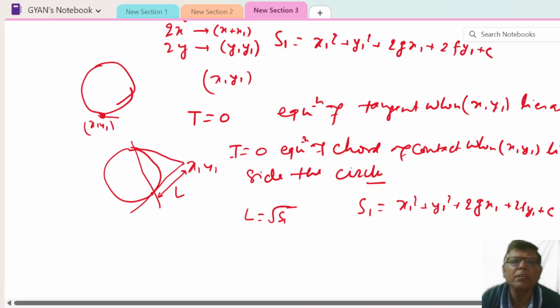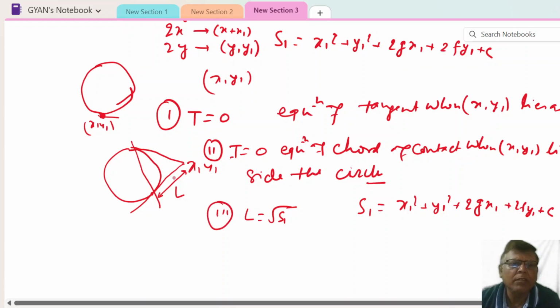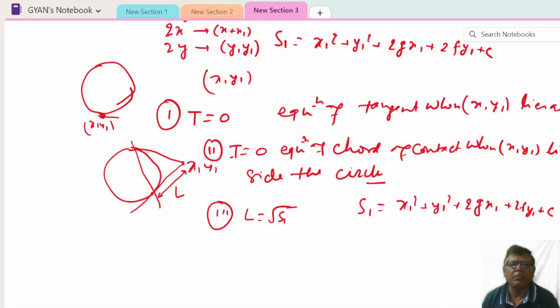So what have we learned? First, T equal to 0 is the tangent. Second, T equal to 0 if the point lies outside gives the chord of contact. Third, it gives the length of the tangent, under root S1.